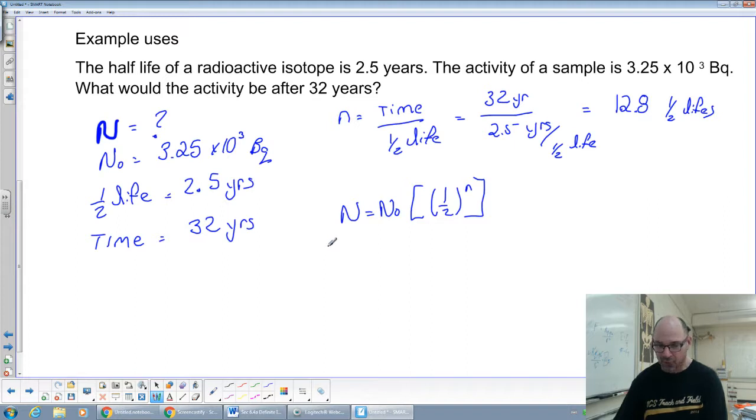Okay, so n equals the original one times 1/2 to the power of 12.8.